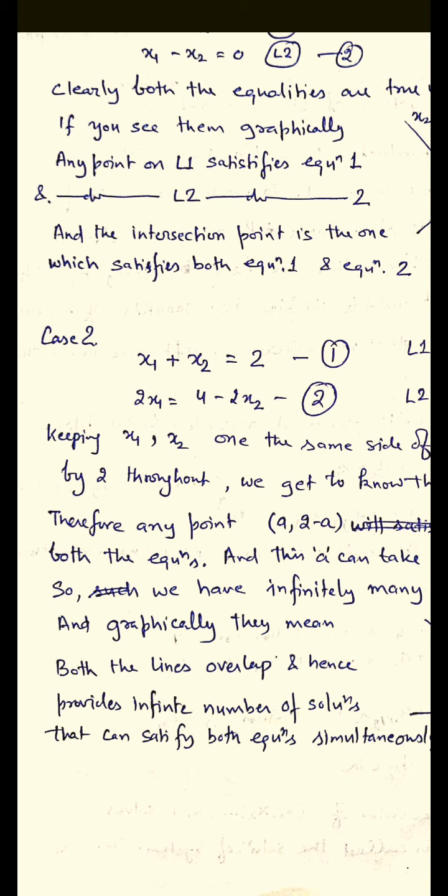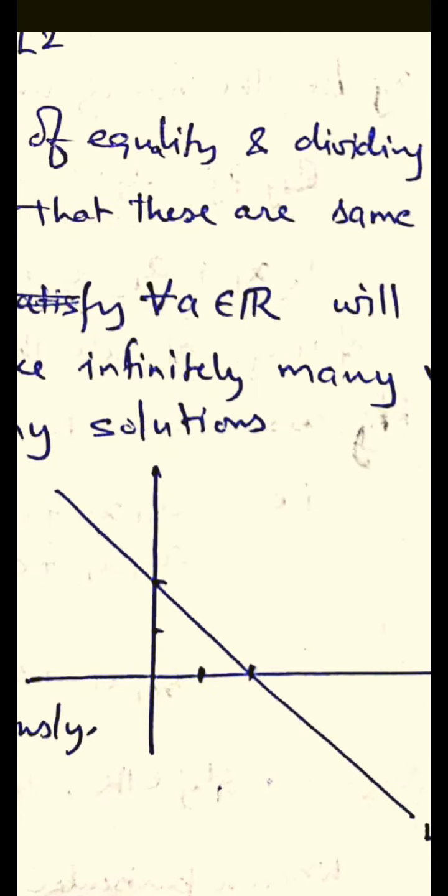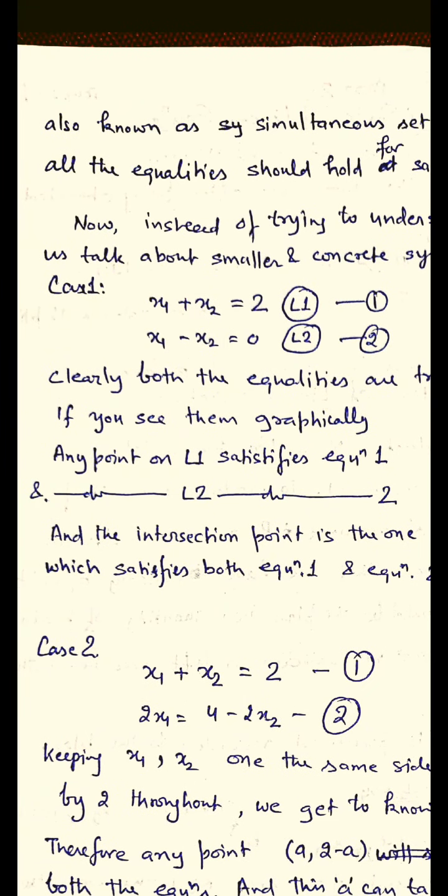So if that is the case, then the same equations appear, so you get an infinite number of solutions. While in the previous case, the coefficient ratio of x1 is 1, the coefficient ratio for x2 is -1, and that of the constant is 2 over 0, or 0 over 2 you can take basically, which comes out to be 0. So no ratio is equal to any other ratio.